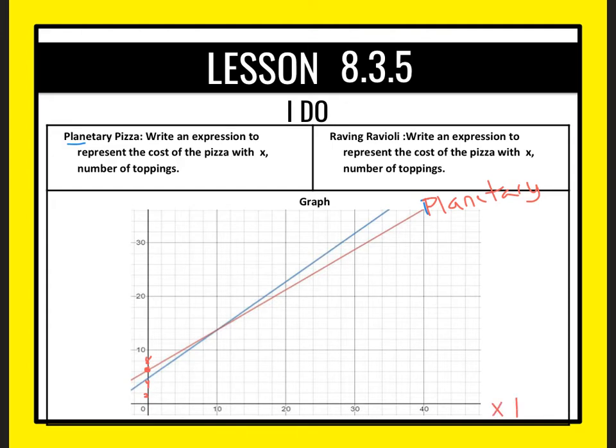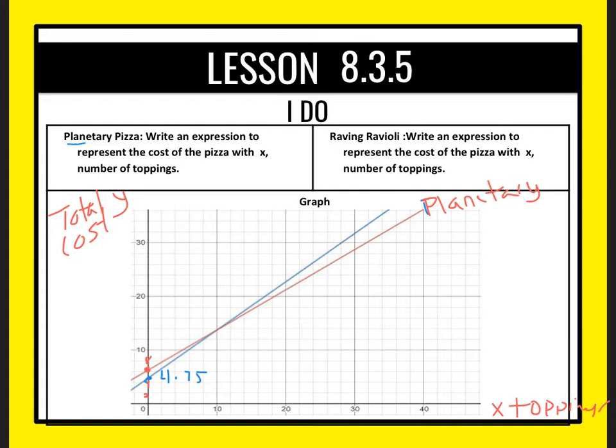So here's your x, this is your number of toppings, okay? And I'm comparing that to your total cost. So just by the graph, you can see Planetary Pizza costs a little bit more if I compare that to Raving Ravioli, which is here at about 4.75, that's where it started.